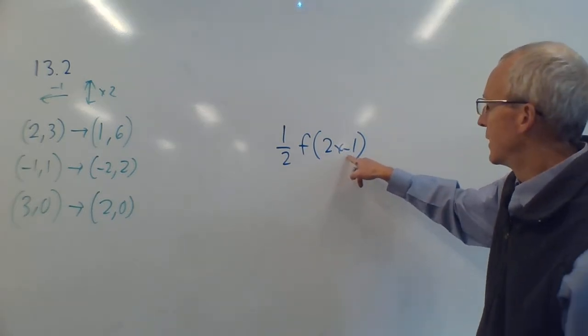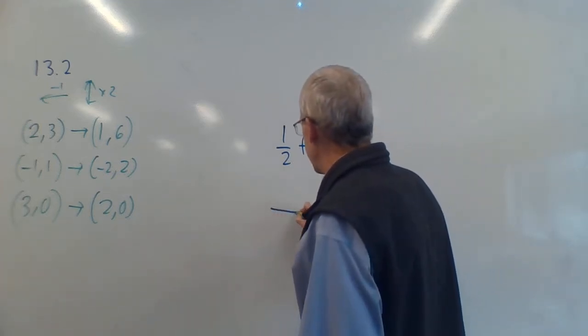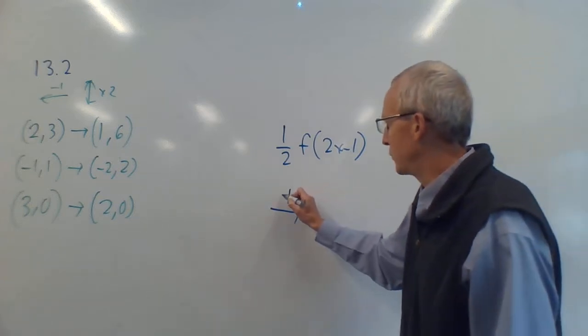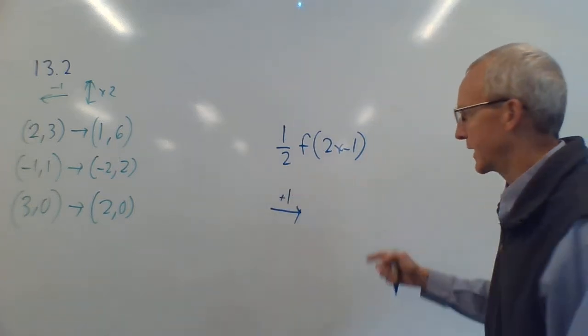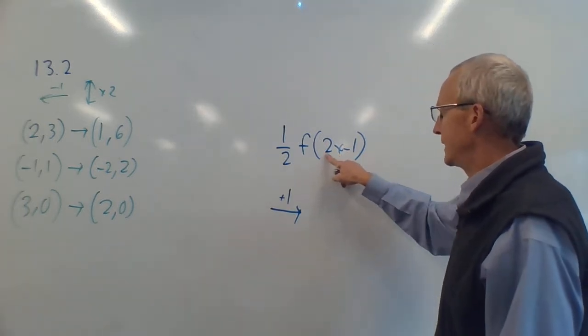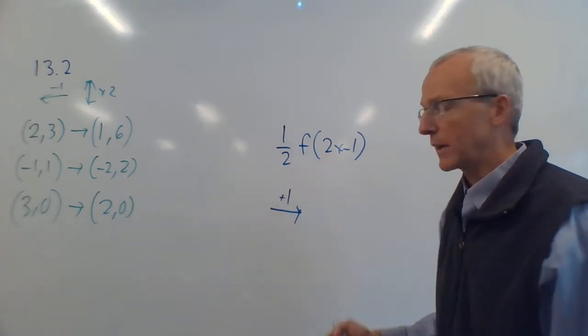Since it's minus 1, you shift it to the right by 1. It's always the opposite, right? So we add 1 to the x. Okay. Then our second step is we dilate it. And in this case, we compress it because, again, we're multiplying by 2. The x direction is always backwards.